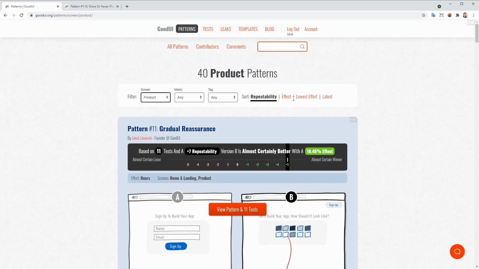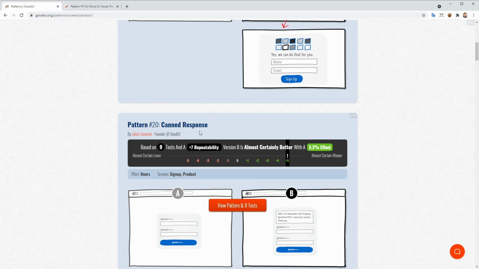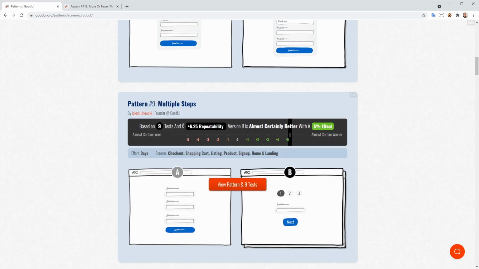And what members get to see, because they have the ability to access this information, is to be able to sort patterns by the most effectiveness. Okay, so in this case, we're sorting by repeatability, which is, again, that count of how often it has worked minus how often it has lost. So these are more generalizable positive patterns. And these are the ones that are showing up above here, the ones that have worked the most number of times.